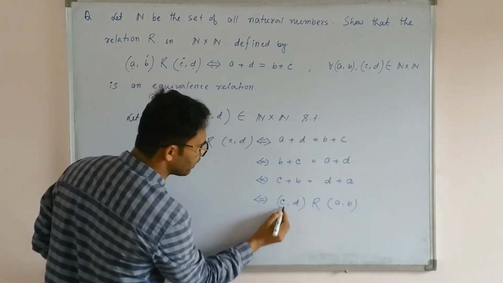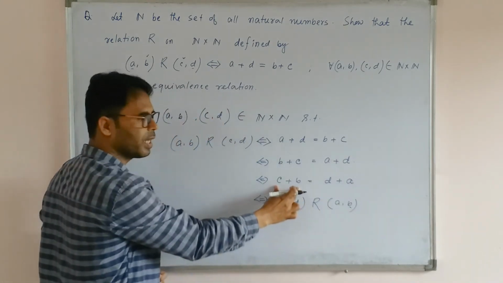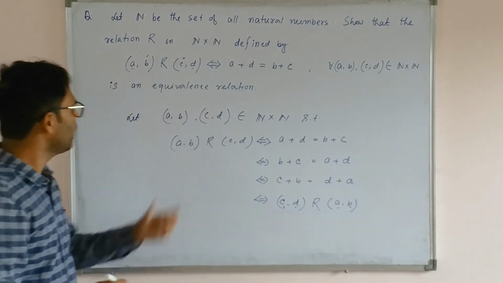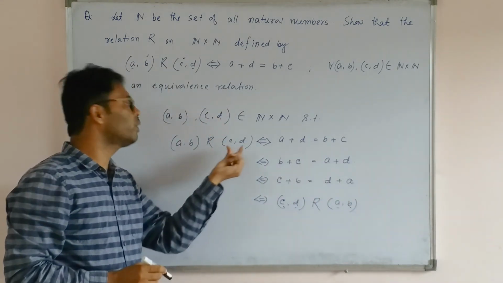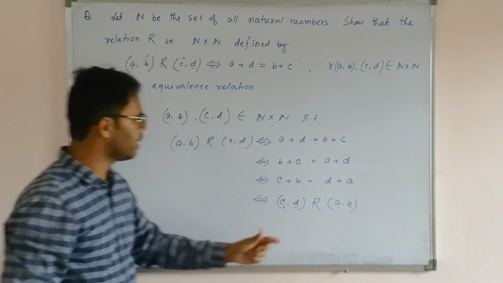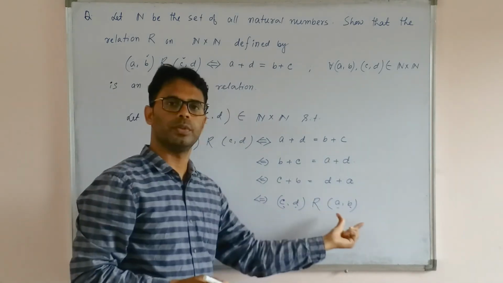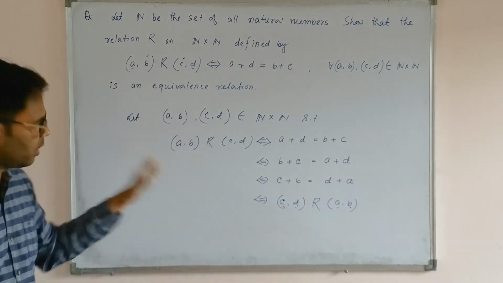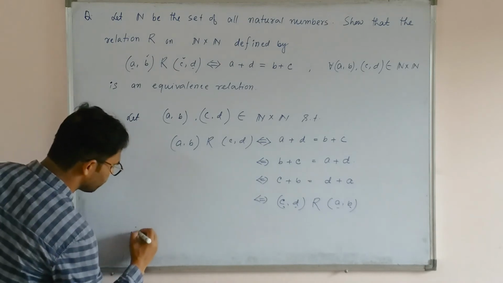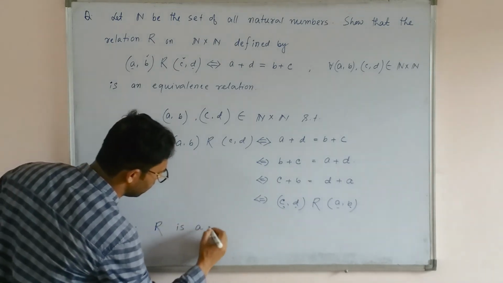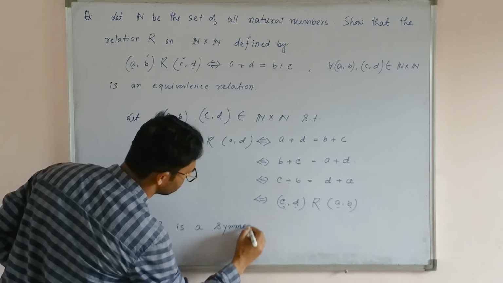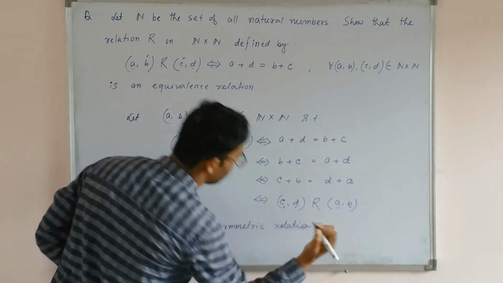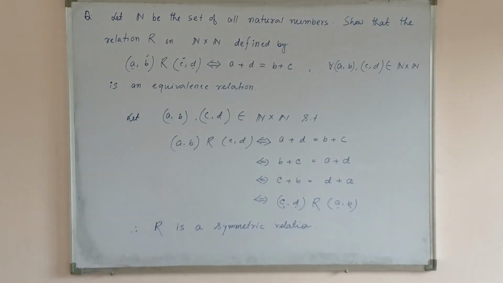If you break it down, c + b is the left side and d + a is the right side. As we have taken (a, b) related to (c, d), we have obtained that (c, d) is also related to (a, b), and this shows that R is a symmetric relation. So the second part is completed.